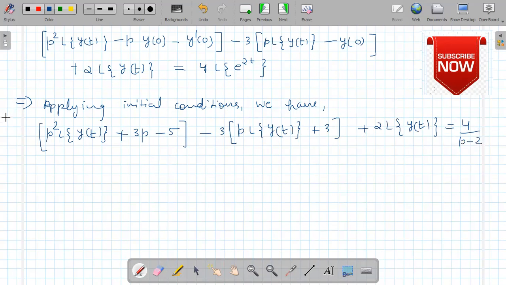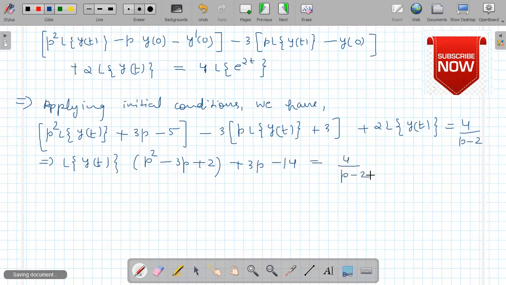Again we take L of y(t) common as usual. So we have p square from this bracket minus 3p from this bracket and plus 2 from this bracket, and here we have plus 3p and minus 9 and minus 15 minus 5, so plus 3p minus 14 is equal to 4 upon p minus 2.